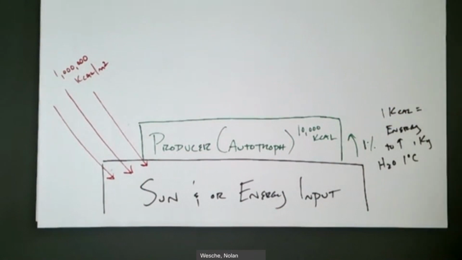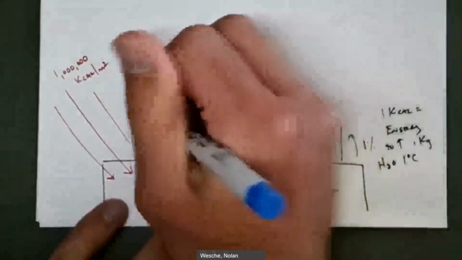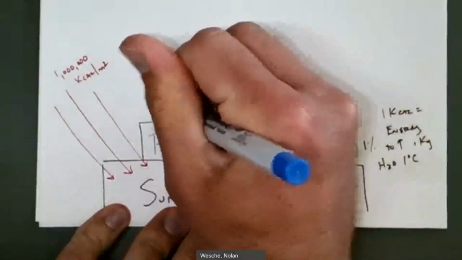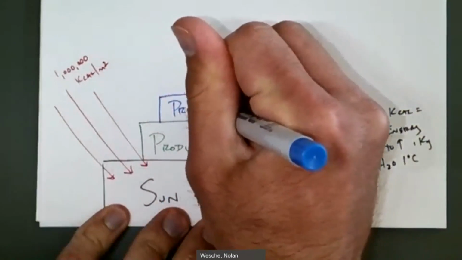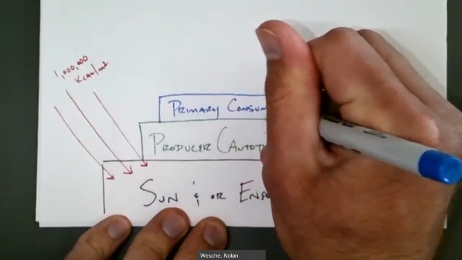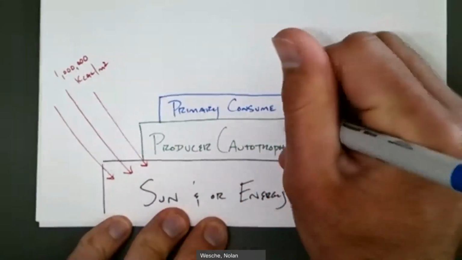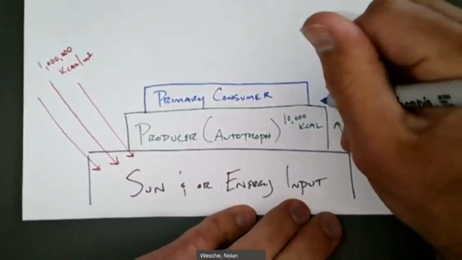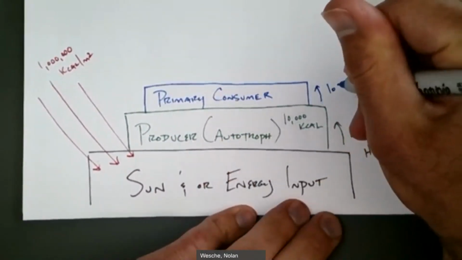All right. So from there, we would have what we call our primary consumers. So the things that eat your producers are your primary consumers. So these are heterotrophs, and they are either omnivores or they are herbivores. And again, we're talking a 10% energy transfer here.